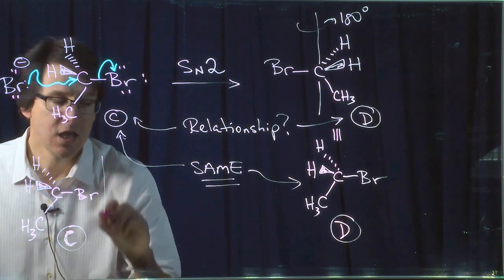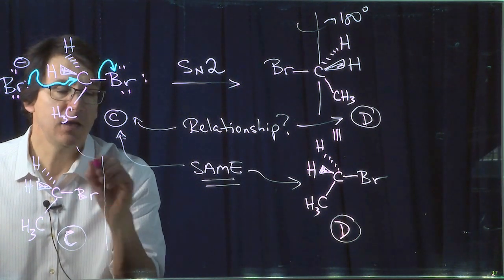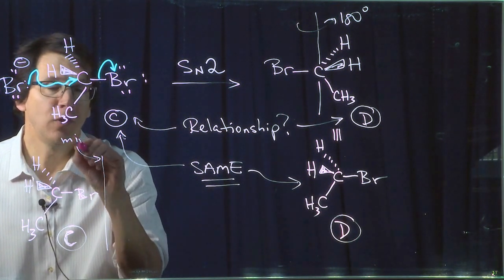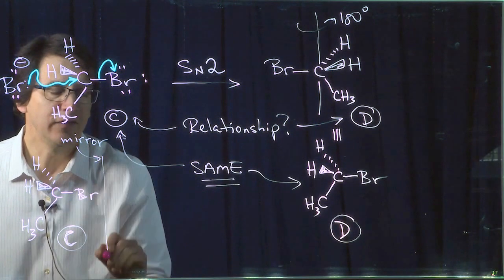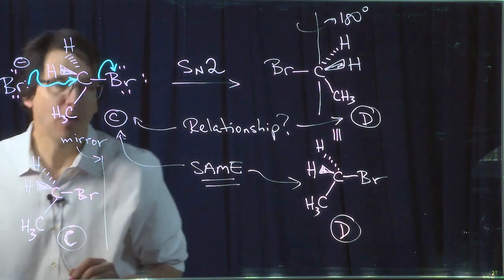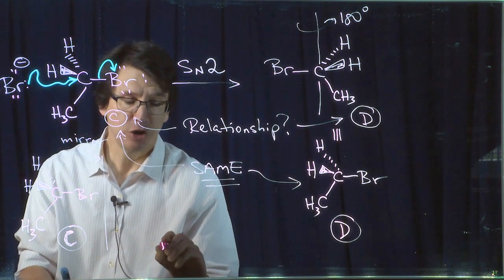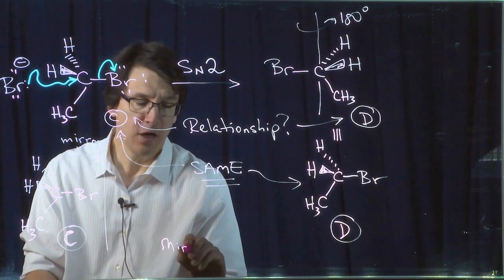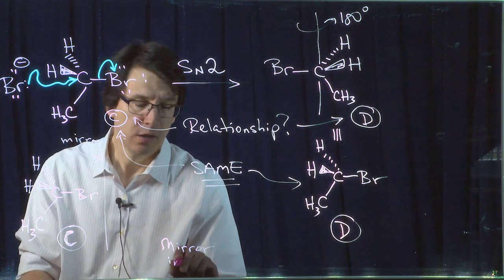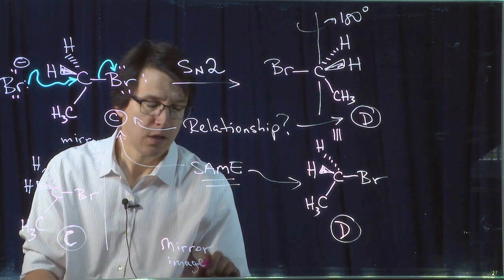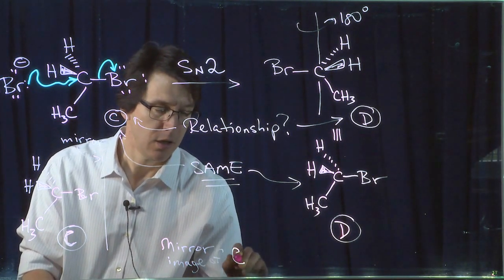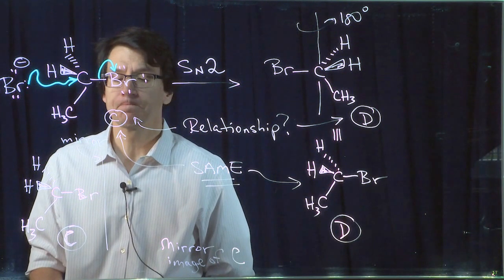There's C. Here's the mirror plane. I'll just make it a little bit more stylized. I'll just draw it as a line here rather than trying to draw the whole plane thing. So can you draw the mirror image of C over here? Okay, can you do that?